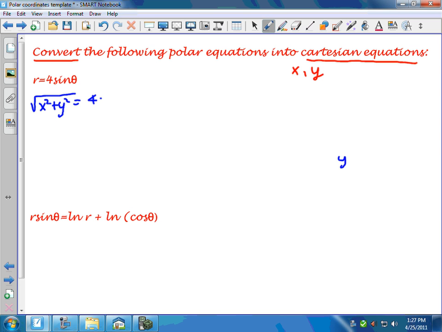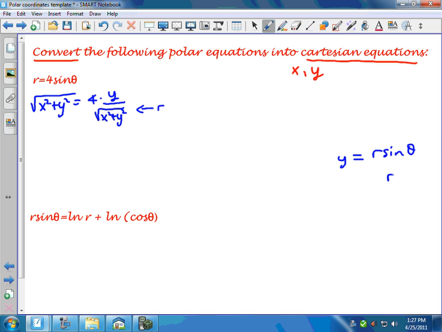We had earlier y equals r sine theta. So sine theta is y over r, except I don't want to write r. Instead of r, what could I write? R is once again the square root of x squared plus y squared.